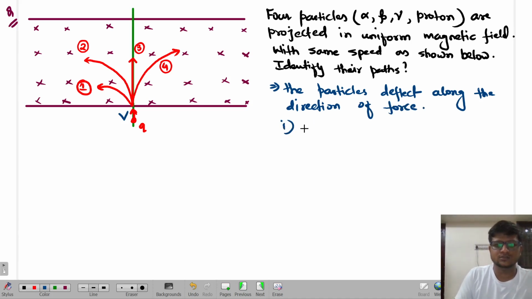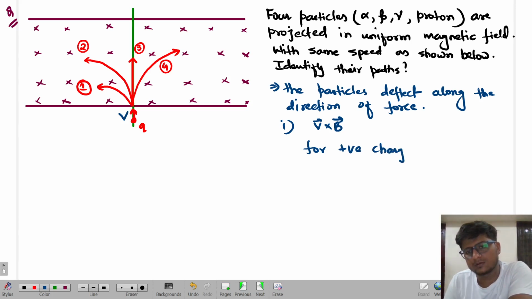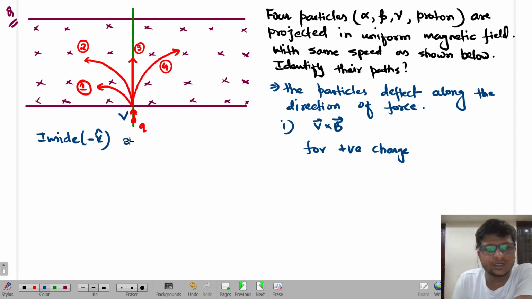Let's suppose I first consider v cross B for a positive charge. V is along j cap and the magnetic field is along k cap. Inside, we have to consider minus k cap. So remember, inside we are considering minus k cap.